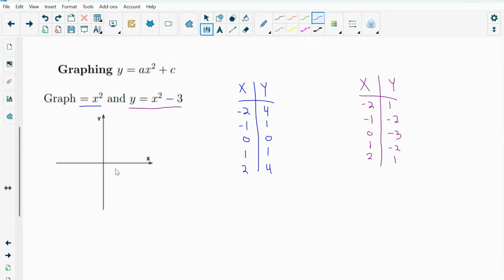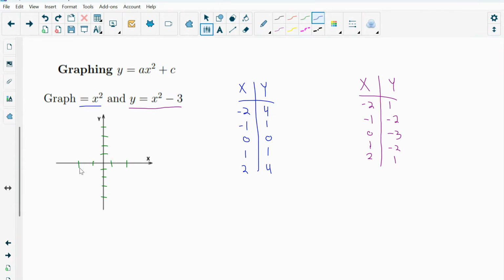So now I'm going to create my graph. I'm going to need negative 1, negative 2, 3, 4, 1, 2, 3, 4. And that should give me enough points to work with.